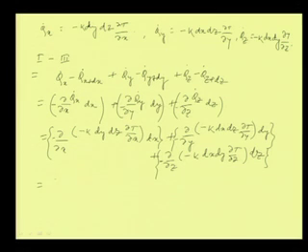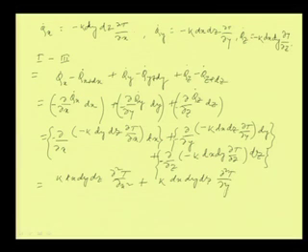So, we write k dx dy dz into del square T by del x square, plus k dx dy dz into del square T by del y square, plus k dx dy dz into del square T by del z square.